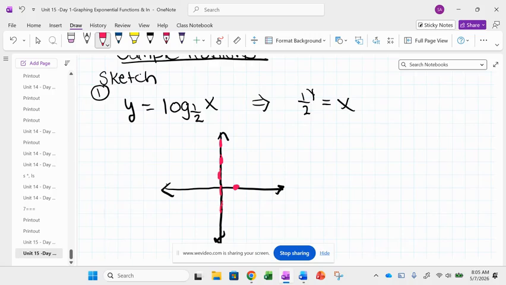And now remember our rules for exponential, it's still going to be the same. Because my base is greater than 0 but less than 1, am I increasing or decreasing? Decreasing, right? So my graph is decreasing. So what does that look like? I'm going to hug from the top here, but then go down.